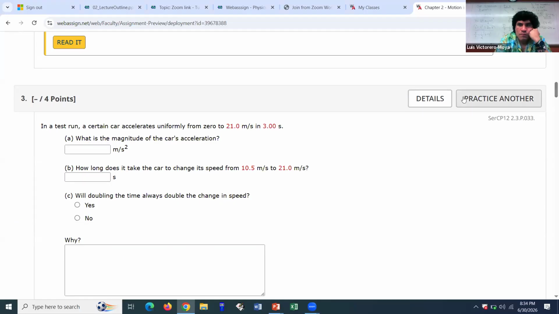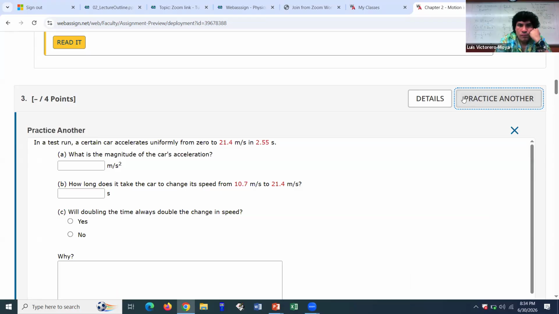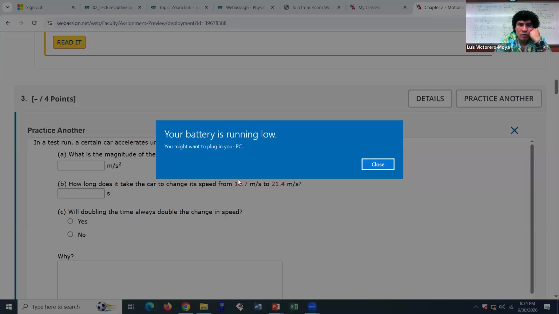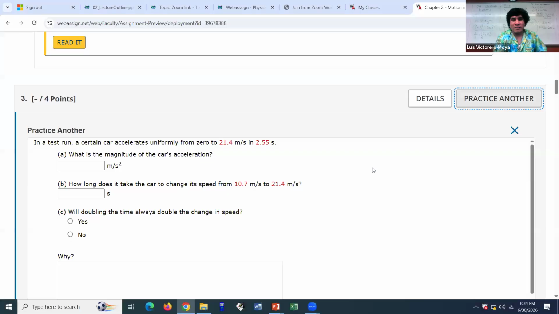Let's do this. I want you guys to do this. I'll change the number. It's another one. So you have the problem in front of you. Oh my God, I need my battery. So when I go and get my charger, I want you guys to do this. So it's asking you to find the acceleration. Easy. You can do that.